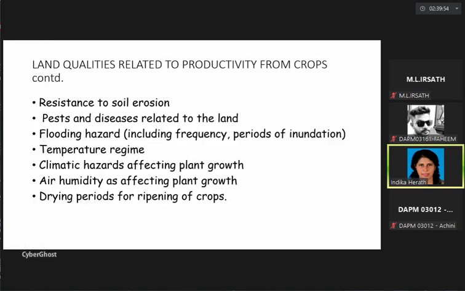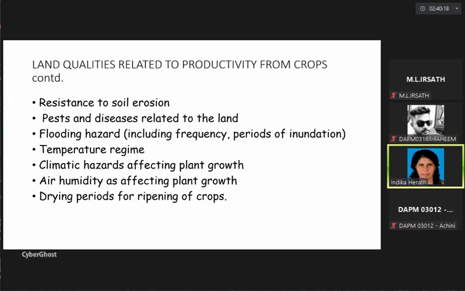And there are other things that you need to consider, especially when it comes to cultivation on a particular land. We need to consider the resistance to soil erosion, whether the land is resistant to erosion. Otherwise, if it is susceptible to erosion, we have to do erosion control measures, right?